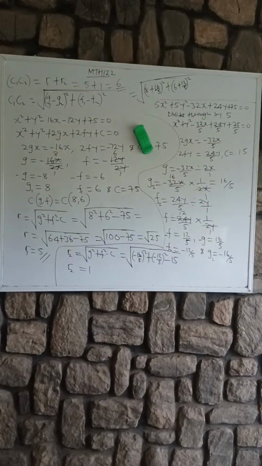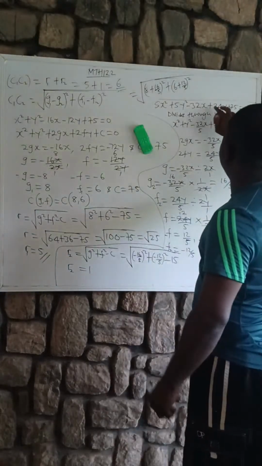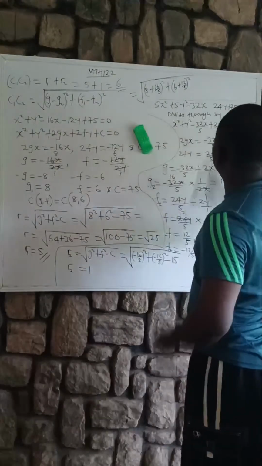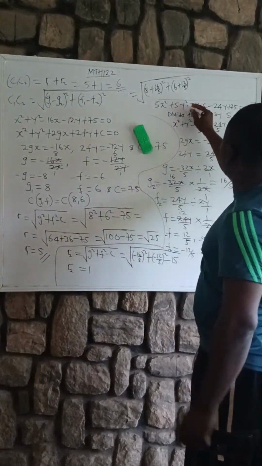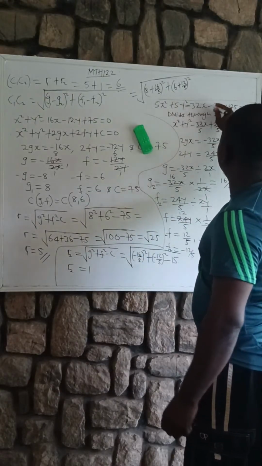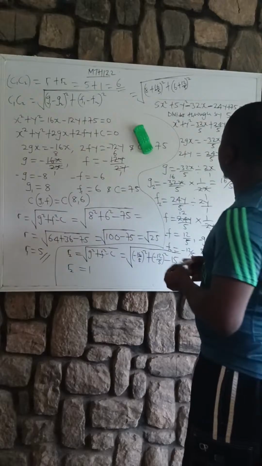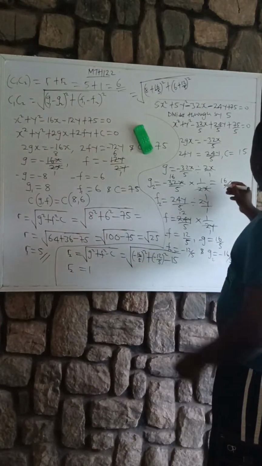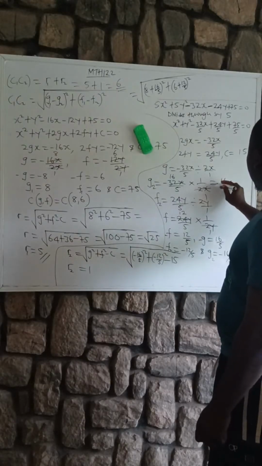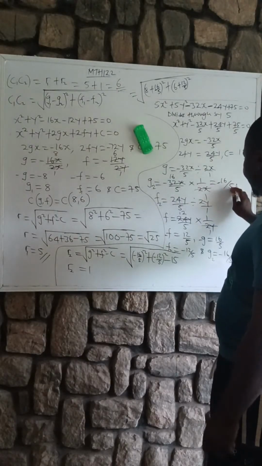Oh, no. Sorry, please. Here is supposed to be minus. There's a mistake here. Please let us correct it. Here is supposed to be minus, not plus. So here is supposed to be minus 16 all over 5.